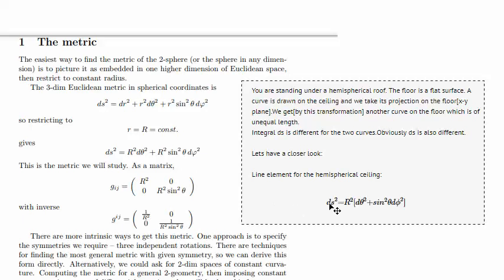We got ds squared equals r squared d theta squared plus r squared sine squared theta d phi squared. So these are the exact same equation that is used in Wheeler's text. So what Anamitra is showing here is that this is an equation for a projection of the surface of a sphere onto the surface of a plane.